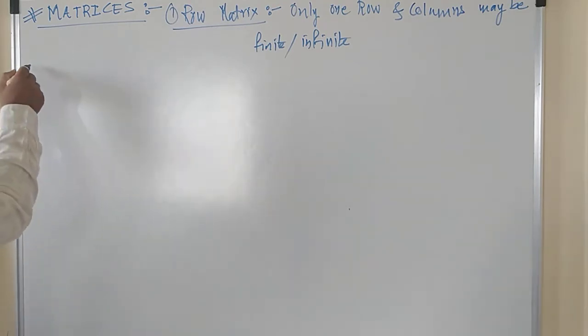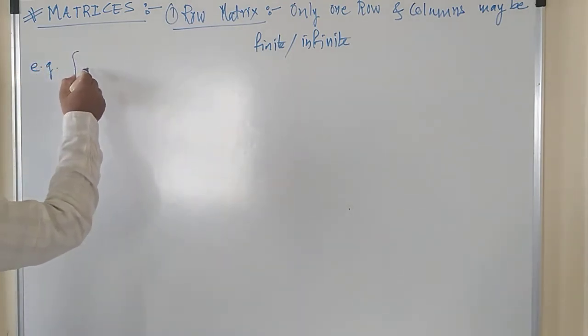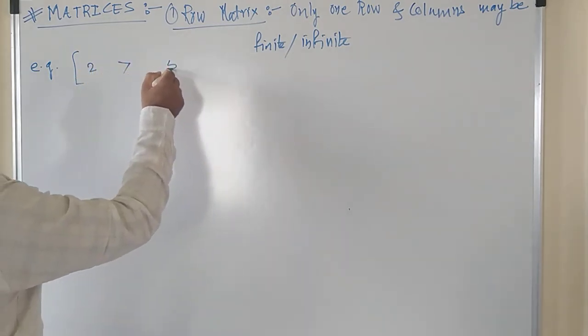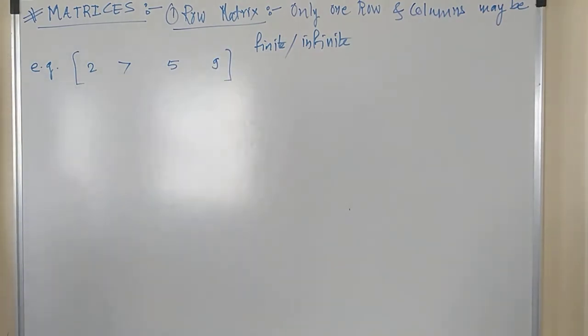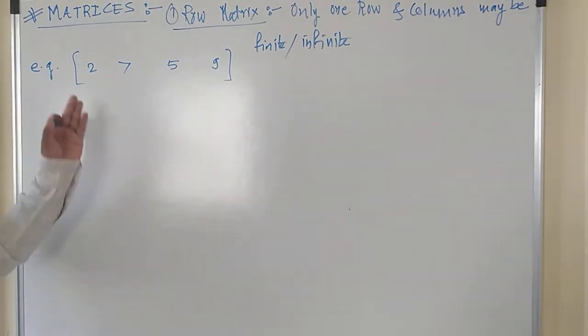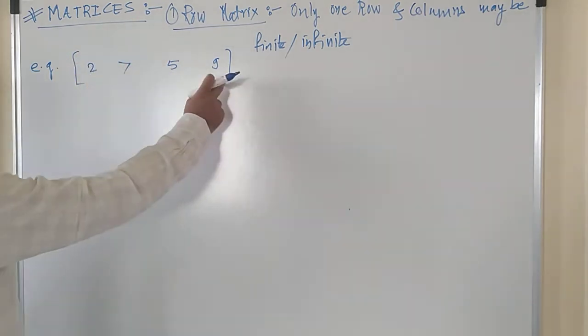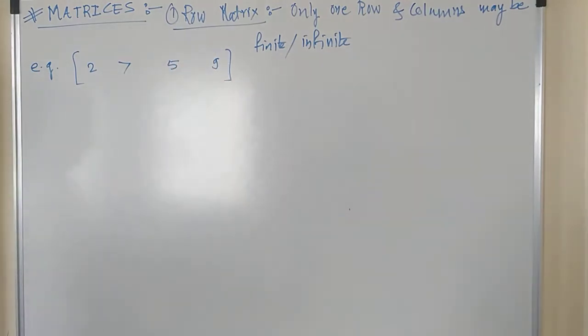For example, let's take one example of a row matrix. Suppose this is a matrix: 2, 7, 5, 9, right? This is a matrix having a single row and 4 columns. These are the rows and these are called the columns, isn't it?